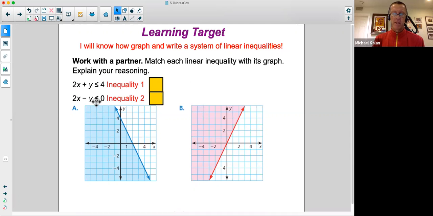This one's just going to end up being y is greater than or equal to positive 2x plus 0. That means that 0, 0 is going to be a solution, and my boundary would be right there. Obviously, this boundary is not there. So that's plenty enough to figure that one out.